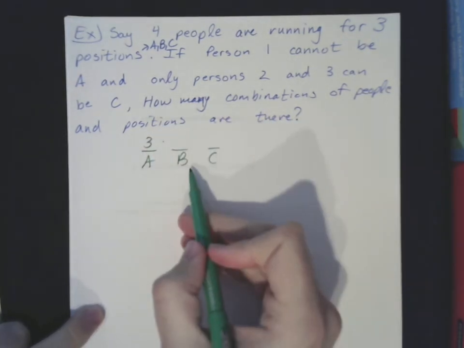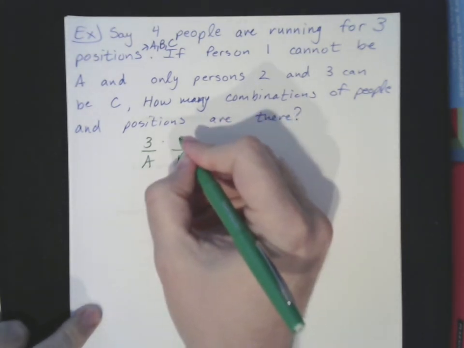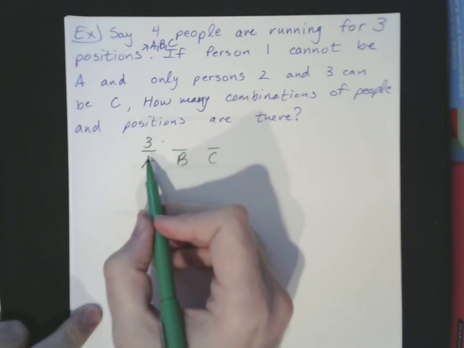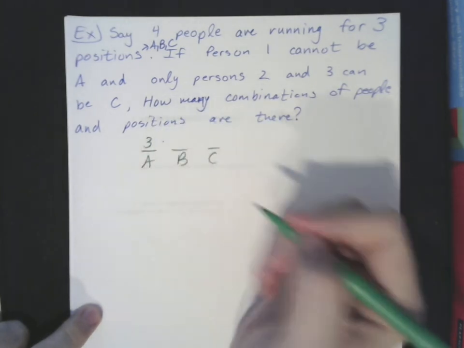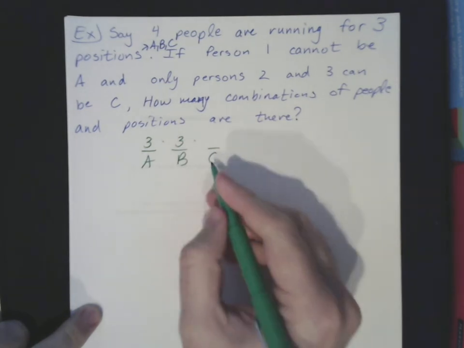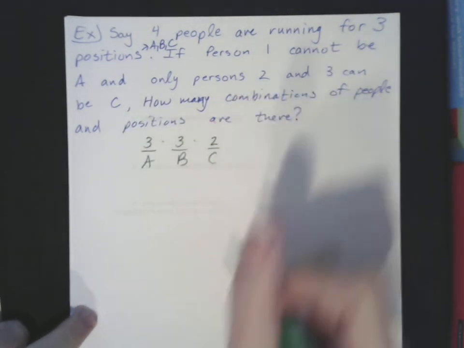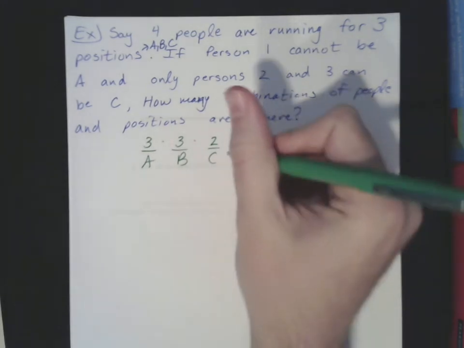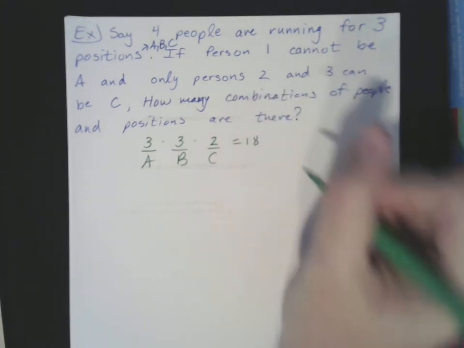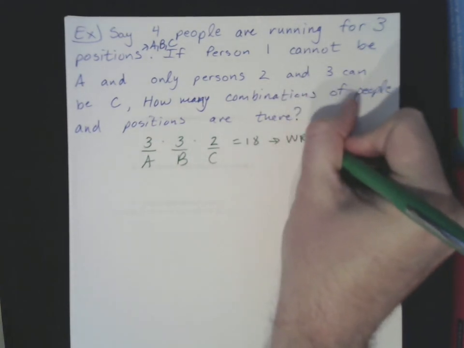For job B, I have no restrictions, so I have 3 options because someone's already picked from job A. And from part C, only 2 and 3 can be there, so I have 2 choices. So 3 times 3 times 2, that gives me 18. Well, this is wrong. Very, very wrong.